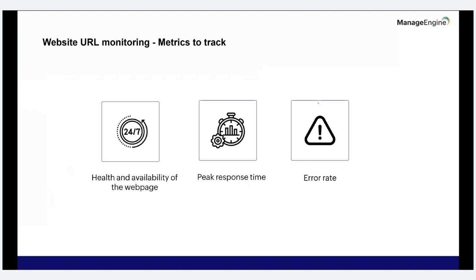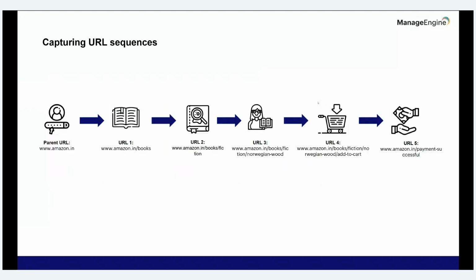Will I be able to do that for a basic URL? Yes, we offer you URL sequence. You log into a URL, you provide some information, you add a product into your checkout list, and you make a payment. And you want to track this step-by-step sequence for front-end basic level monitoring? Yes, we can use the URL sequence monitoring to achieve that.